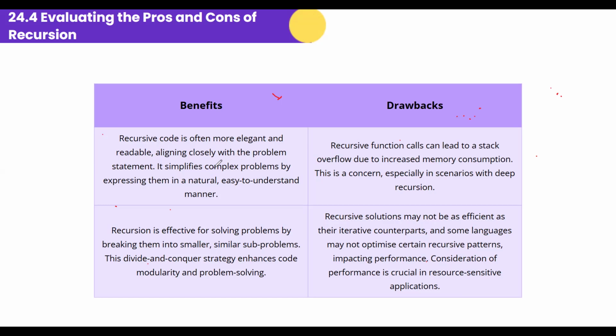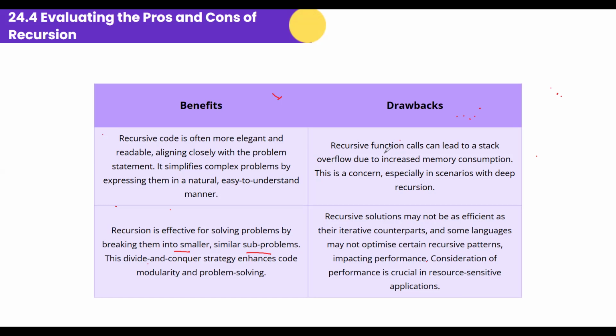It simplifies complex problems. But this is if you already have the code. If you try to build a recursive function, it will be challenging at the start. Also, recursion is effective in solving problems by breaking them into smaller similar subproblems. That is one of the things.